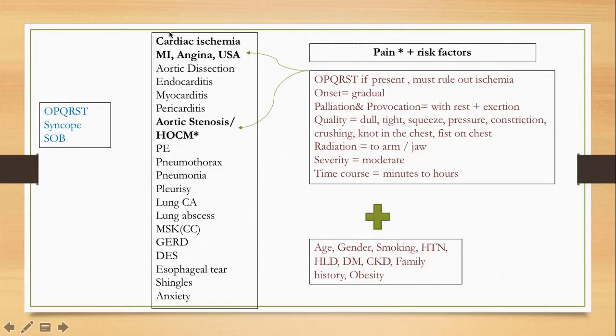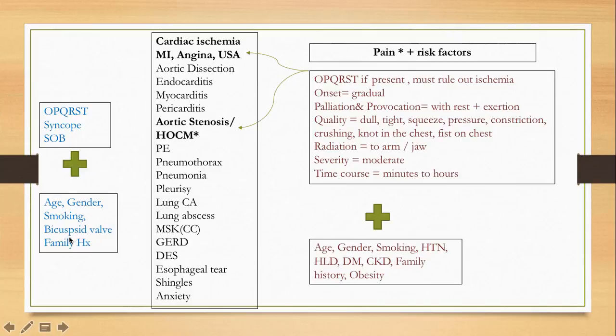Another distinguishing feature would be the physical exam. When you move on to the physical exam, you can see that the patient with aortic stenosis and HOCM has a murmur. The only difference between these two would be the quality of the murmur, the physical exam findings, and age. Patients with aortic stenosis are usually older, and HOCM patients are younger. Aortic stenosis risk factors are very similar to the cardiac ischemia risk factors, except there are not as many.